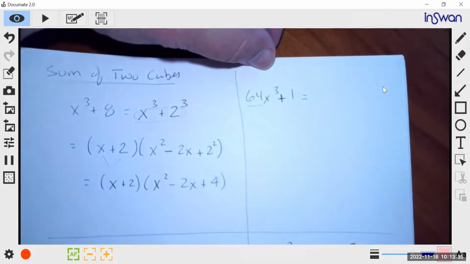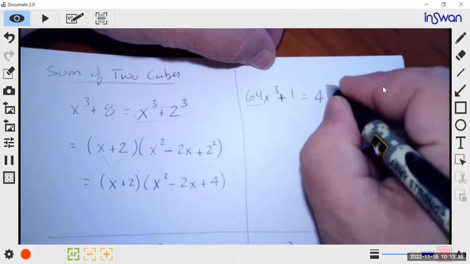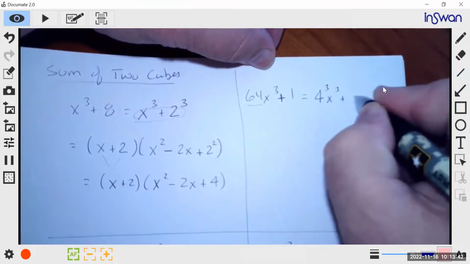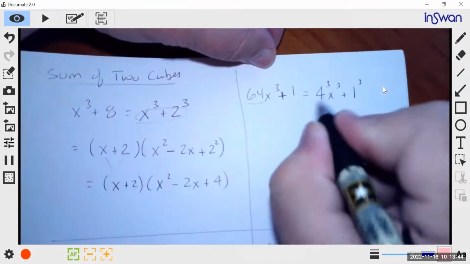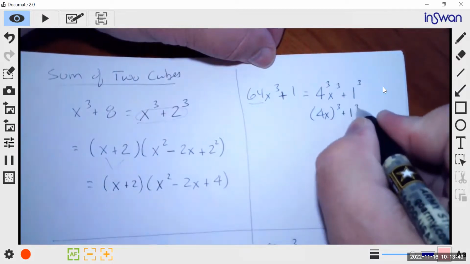Is 64 a perfect square? Or cube? Yeah, it's 4 cubed, x cubed plus 1 cubed. So it's 4x cubed plus 1 cubed.